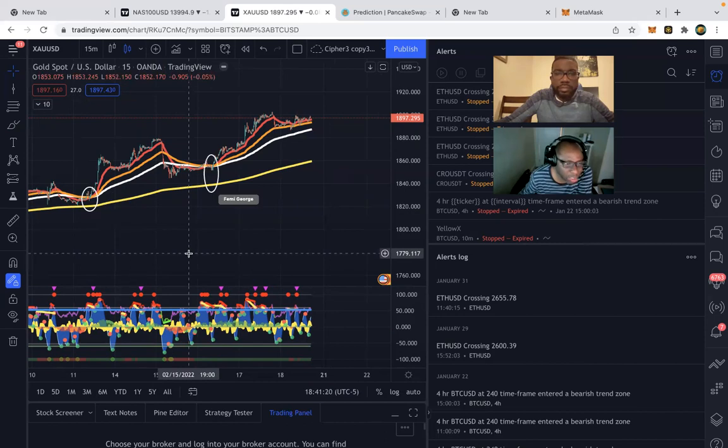This is just a pullback. If I miss this one, I could take this one, because I'm looking for the best entry. I know that on the higher time frame, it's heading up, so if I miss the first one, it's fine. I'll look for the best entry when it pulls back again, and then it zooms off.